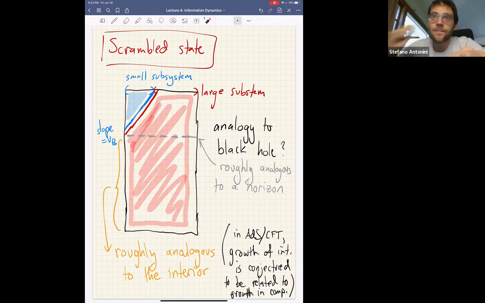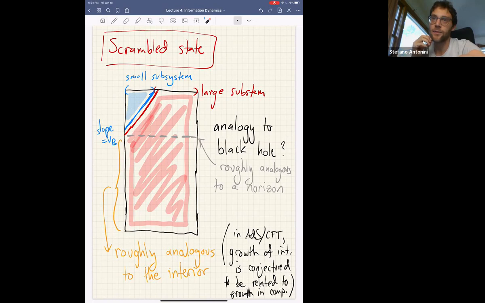Can I ask a question here? Yeah, please. So you're saying that the analogy is with collapsed black holes at late times where the HRT surface is outside the horizon. But it seems like in that case, your entanglement wedge is actually only outside the horizon, while in this case, it's like your entanglement wedge is behind the horizon, but if you are behind the horizon, then the reconstruction is highly complex.